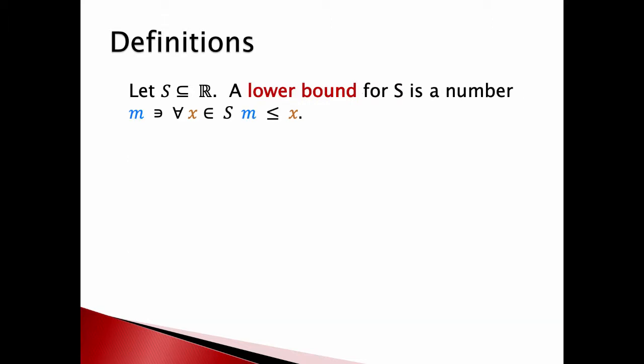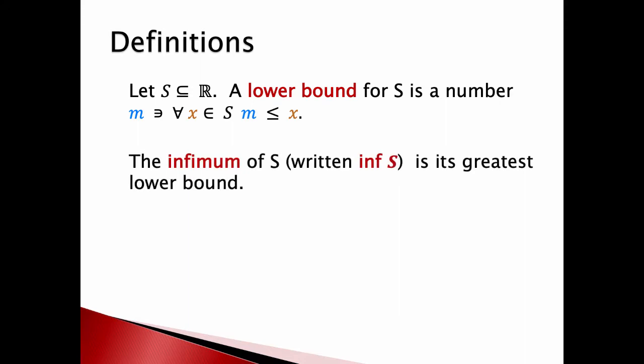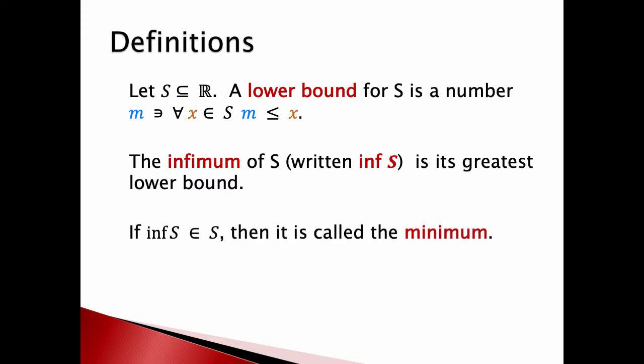Same thing works with lower bounds and same definitions. We just run all the inequalities the other way. So a lower bound is a number that's smaller than everything in the set, smaller or equal to. The infimum is the biggest of all of these smallest numbers. And if the infimum is actually in the set, then we call it a minimum.